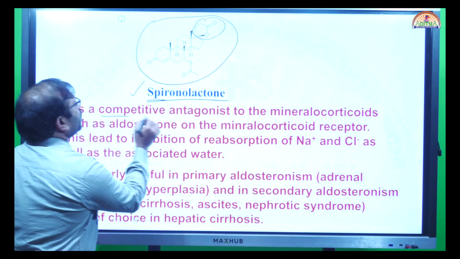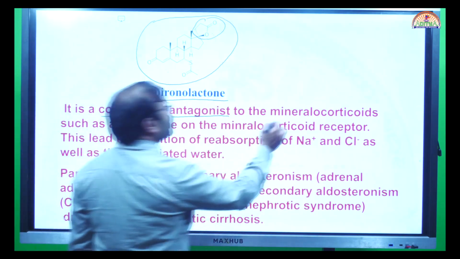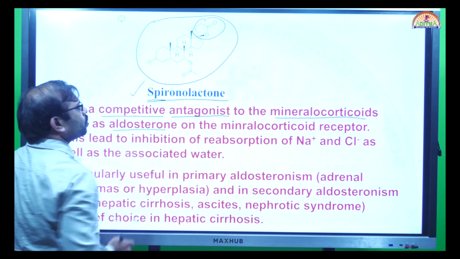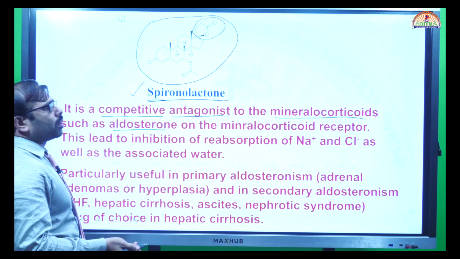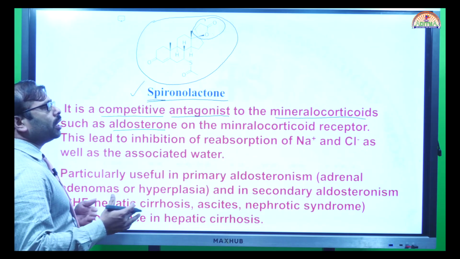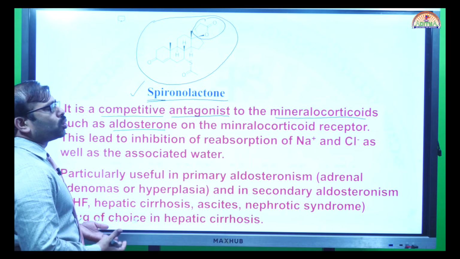It is a competitive antagonist to the mineralocorticoids, especially mineralocorticoids such as aldosterone. The name mineralocorticoid itself indicates that it plays an important role in the transportation of minerals, or ions, namely sodium and potassium.